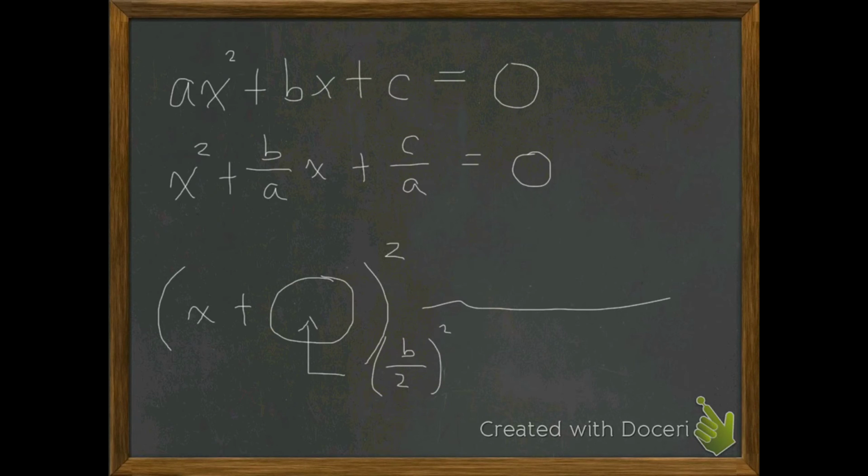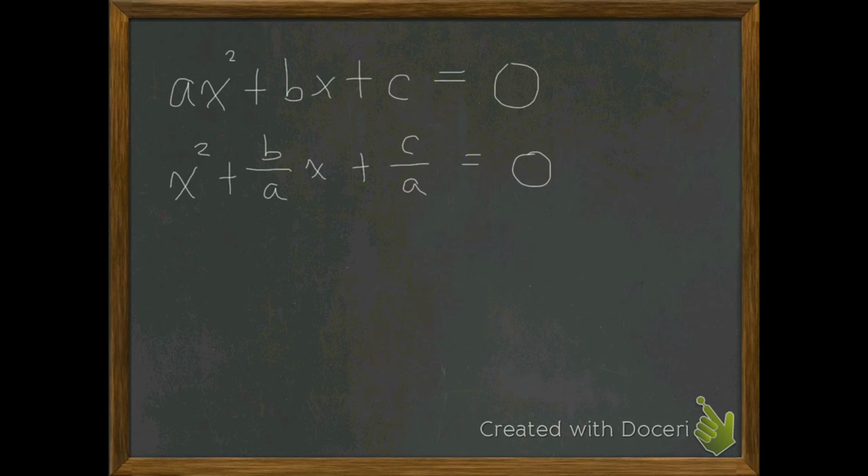So right here we need to go x squared plus b over a x plus, so we're going to have b squared over 4a squared.